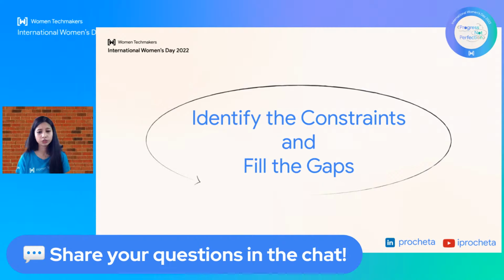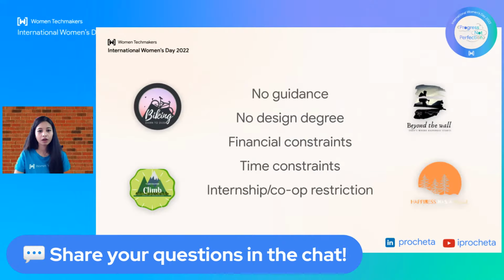And the constraint could be anything. For example, for me, when I was planning my career switch, the problem was no guidance. I didn't have proper guidance. I didn't know anyone in the design field whom I could ask for suggestions or guidance, or seek help from. I didn't have that option.